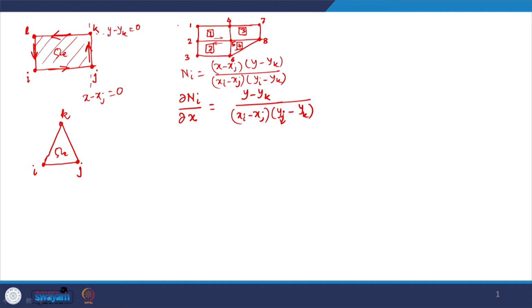So, we will evaluate it at this point. So, that brings us to the problem. In this case, we have element number 3, we have this point load P at the midpoint of this edge, and then there is a moment m. So, how do we model these? How do we account for these?